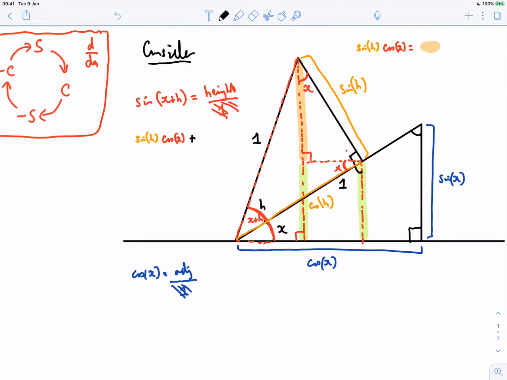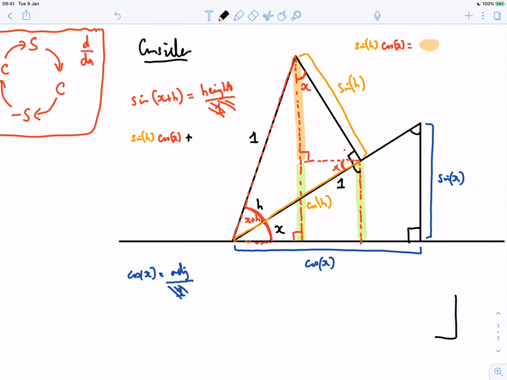So by similar triangles, the triangle that has an angle of x, and this is cosine x, this is sine of x, and this is 1, must be similar to the smaller triangle, such that hypotenuse now is cosine of h. The height, I don't know what it is, but the angle is still x.